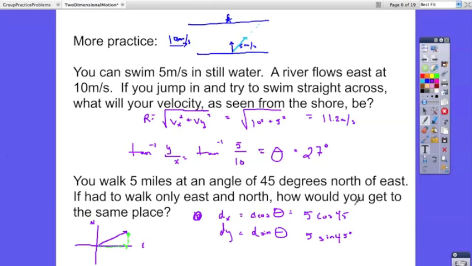Now the thing about 45 degrees, the sine and cosine are equal. They're both 0.707. So the components here are going to be equal. So 5 times the cosine of 45, and I get 3.5. And it'll be the same for both. So 3.5 and 3.5 miles.